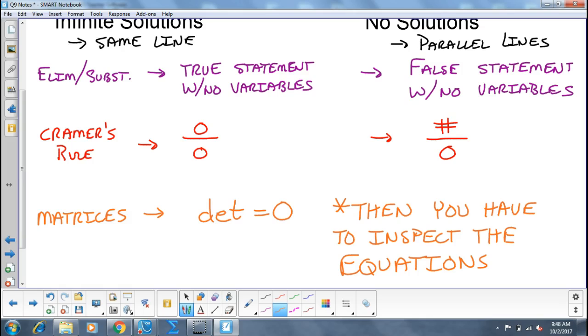If you can multiply one of your equations by a number, and it comes out to be the exact same equation that you have for your second equation, that's an infinite solutions case because they're the same. If you can't, then it's a no solutions. So you've got to do a little bit more work with the solving by matrices method.